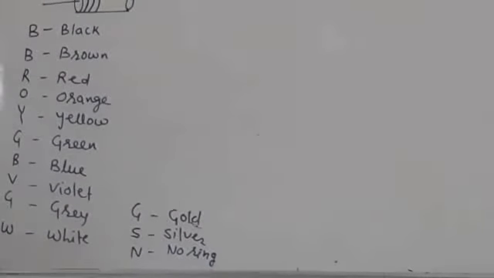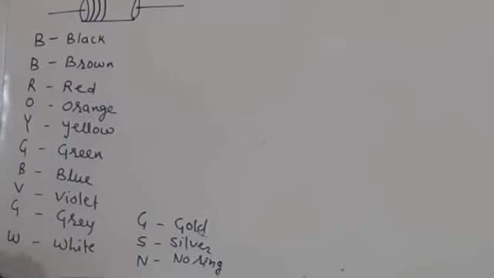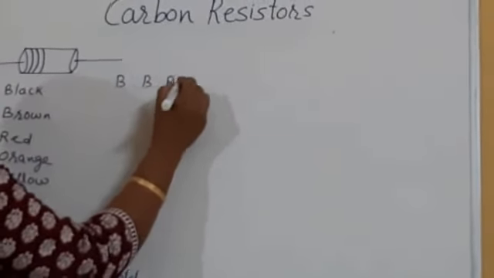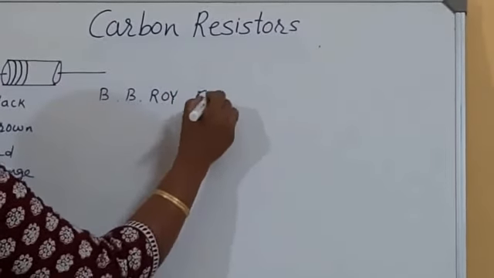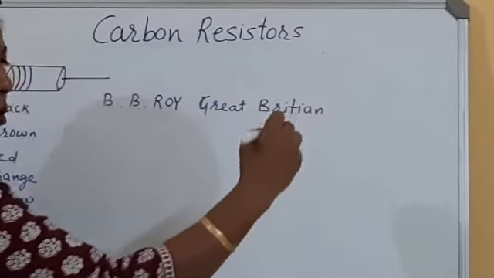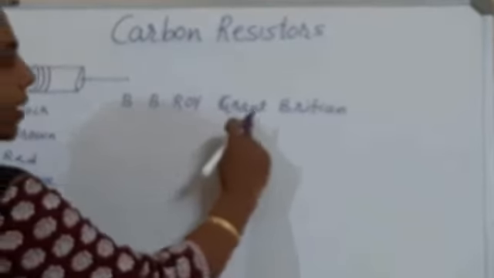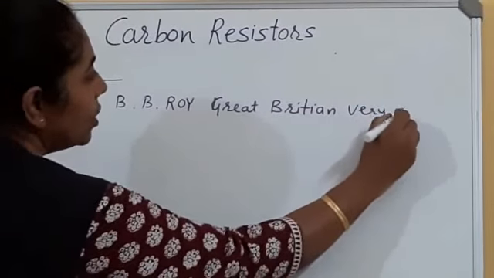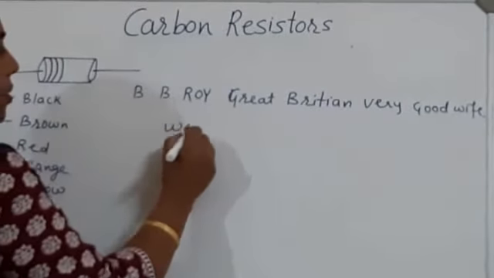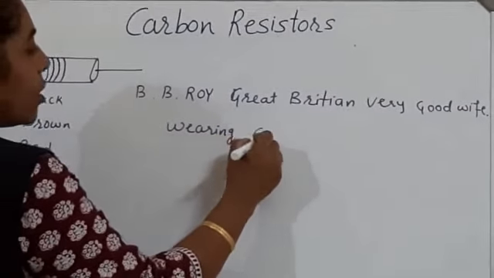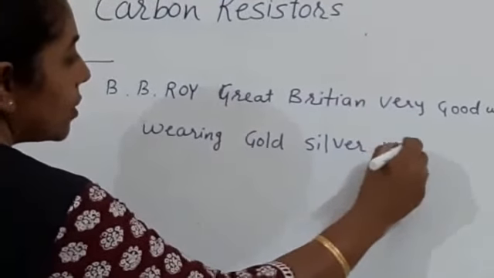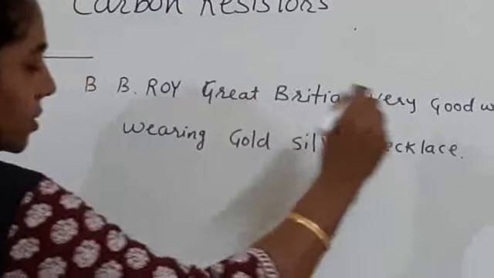Now how will you remember this? For that you learn one sentence. What is that sentence? It is B. Roy, Great Britain, very good wife, wearing gold, silver necklace.